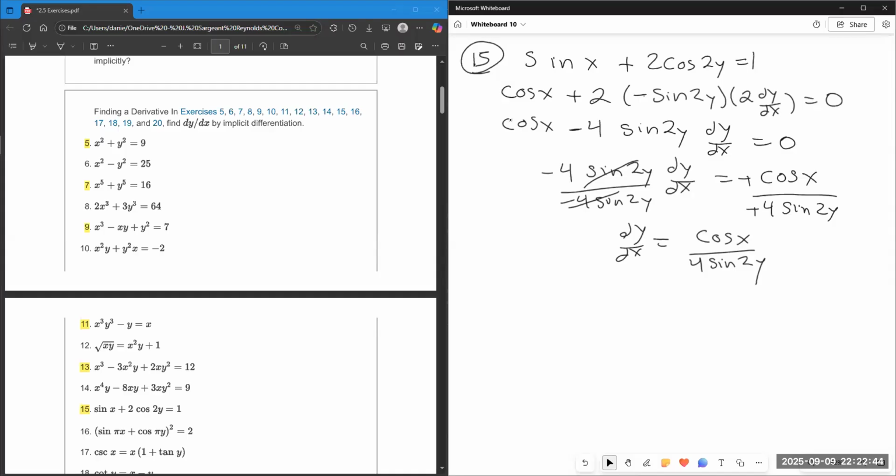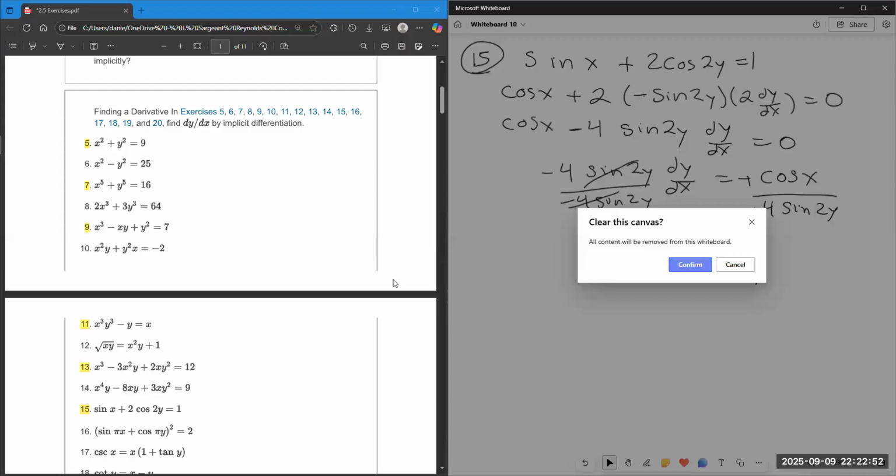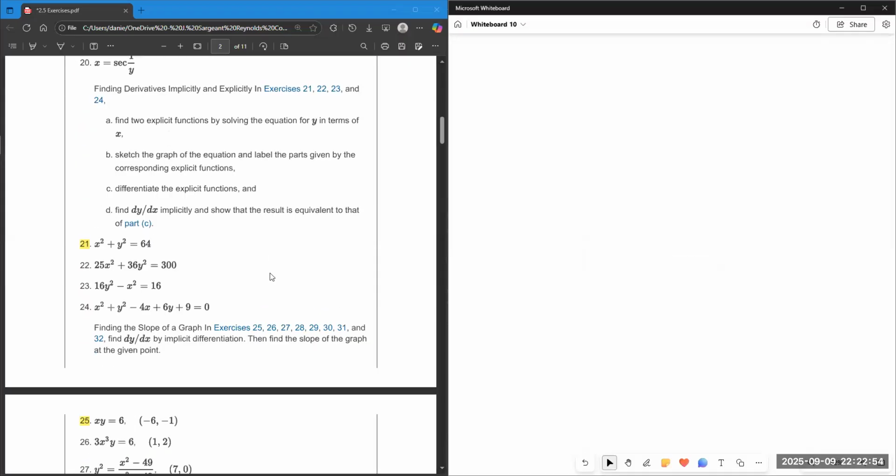Let's look now at number 21. It starts off with x squared plus y squared equals 64. We're told in part A to find two explicit functions by solving for y in terms of x.